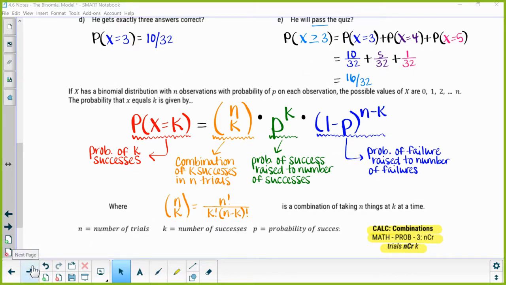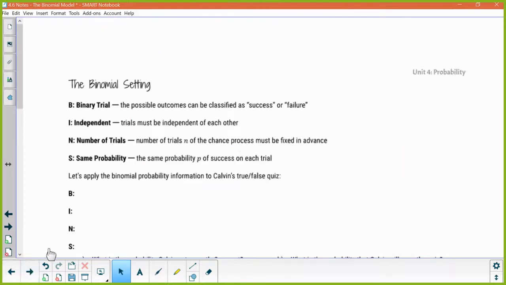Let's go ahead and look at our setting again. So we're going to still be working with Calvin and his 5-question quiz. Just a reminder, we're interested in binary trials. Now, the little acronym that they use for binomial distribution is called BINS. It's the easiest way to kind of check that everything's there.